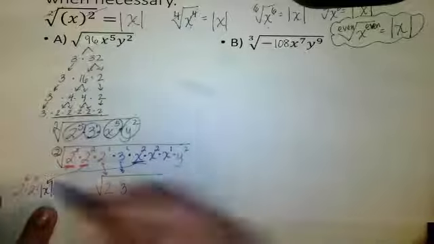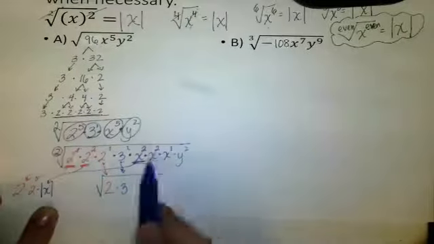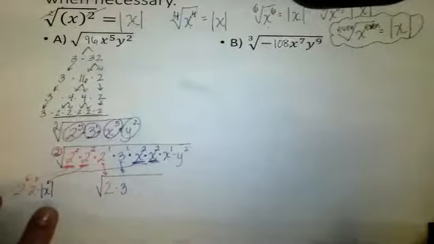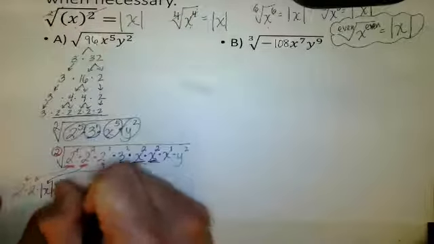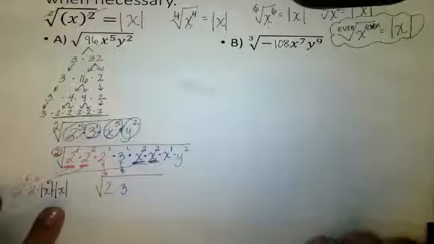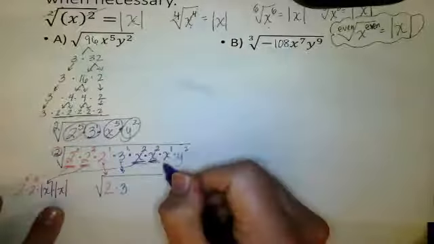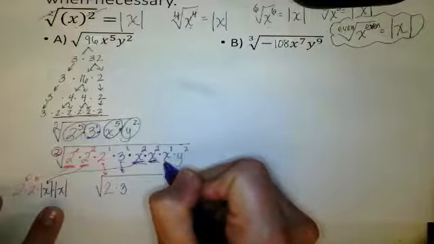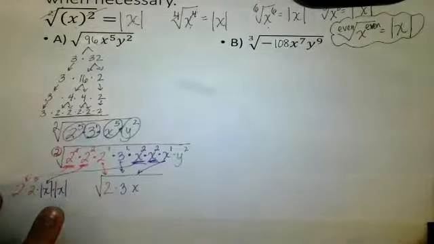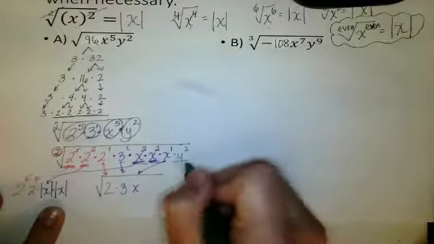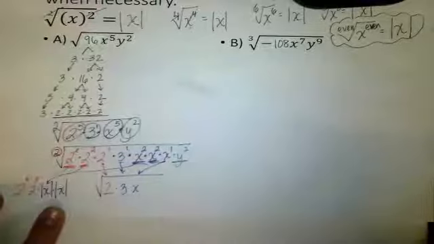So that one got to escape. What's the square root of the next one, x squared? Absolute value of x. What about the square root of x to the 1st? Can I do that one? Nope, that one stays. And what about the square root of y squared?